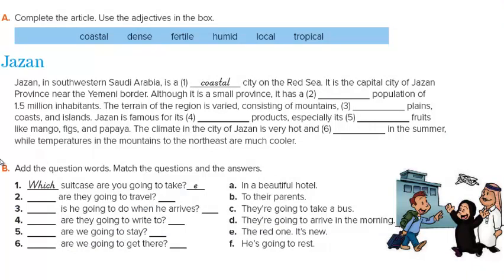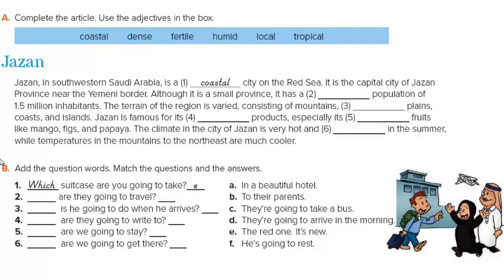Now, here we've got an exercise. Complete the article, use the adjectives in the box. Are you ready? Jazan is in southwestern Saudi Arabia. It is a coastal city on the Red Sea. It is the capital city of Jazan province near the Yemeni border.